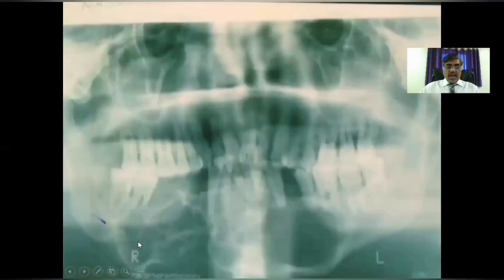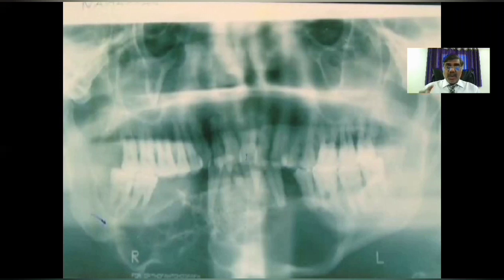Here you can see loculations of different size and shape, looking like a soap bubble appearance. Again, a characteristic feature of ameloblastoma, odontogenic keratocyst, and this is a case of ameloblastoma.